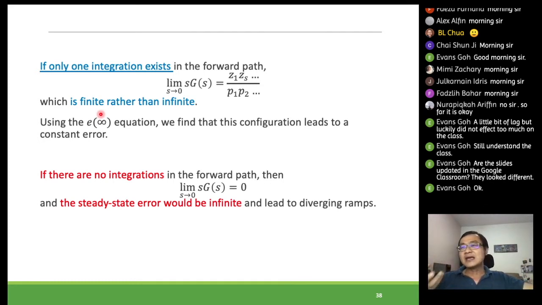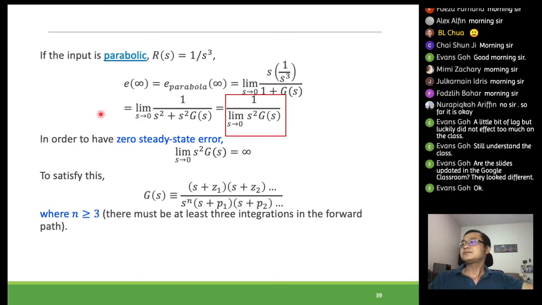So by looking at the type of input that we intend to put in, when we do the design we will immediately know which type of system we must implement in order to cater for this steady state error. Similar for the parabola, it is very straightforward.